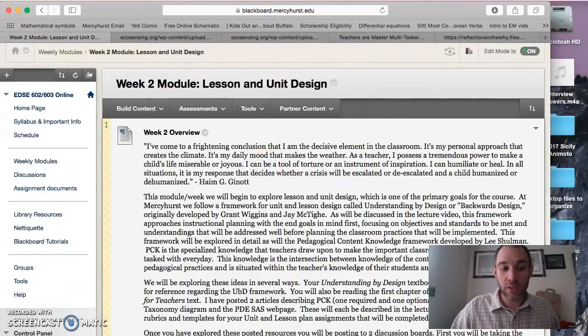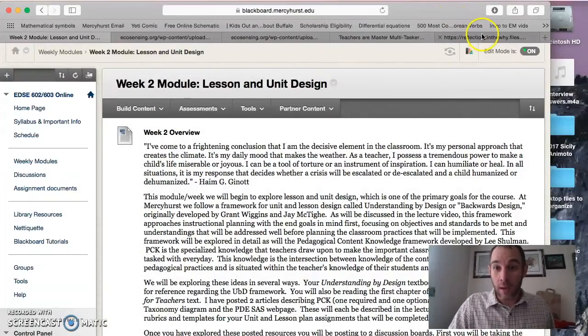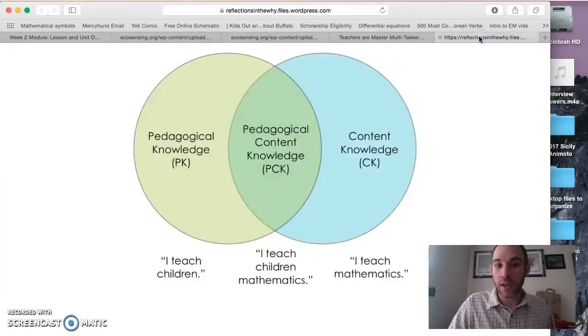So how do teachers make these many, many important decisions? Well, there is specialized knowledge that is applicable just to the field of teaching. And it's not just about teaching strategies. A man named Lee Shulman came up with an idea called pedagogical content knowledge. And the idea here is that we have pedagogical knowledge, which is the knowledge of teaching strategies.